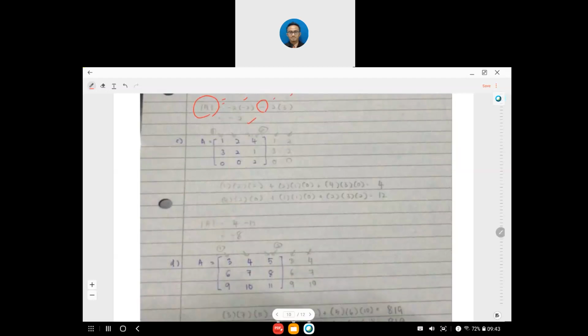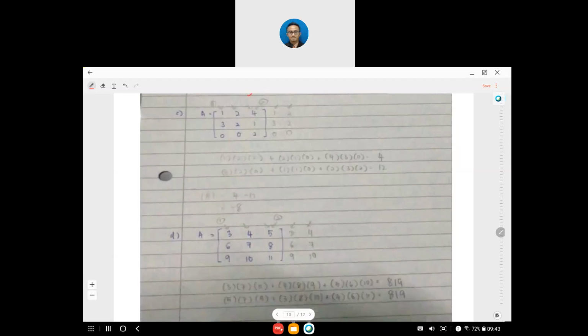For question C, matrix A, you have 1, 2, 4, 3, 2, 1, 0, 0, 3. Since the question does not mention which method you must use, you can choose either one, whether using the extended columns or the cofactor method.